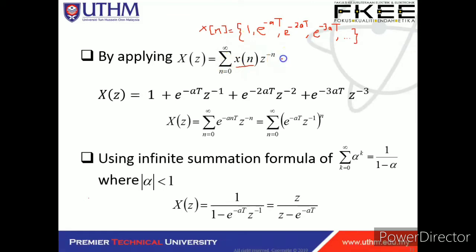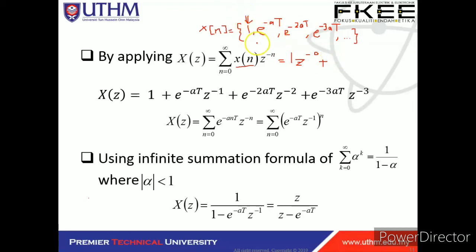So this one will be equals to, first one we have x at n equals to 0, which is the value is 1, multiply with z negative, so n equals to 0. And then the summation means we have the plus here for every item in the discrete signal.